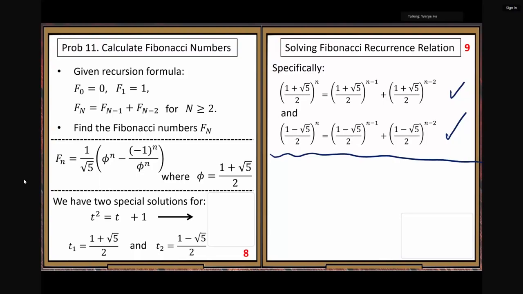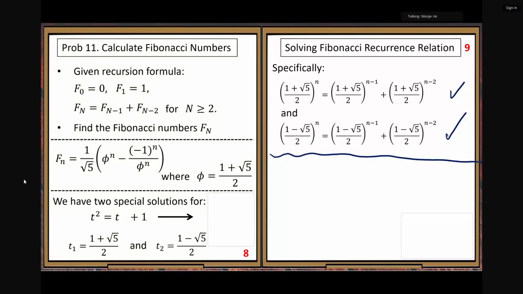This equation has an important property. We want to take advantage of it. This recurrence relation, we call the linear, homogeneous linear recurrence relation. That's the equation type. Now we want to take advantage of the linear homogeneous equation property.